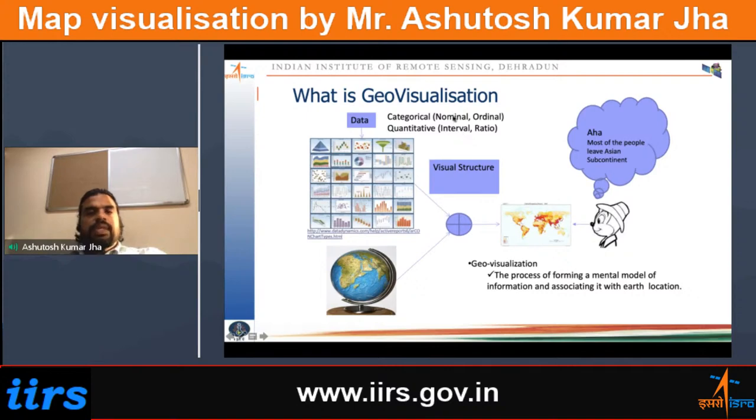In nominal cases, different attributes may just represent differences. Using nominal data sets, we can differentiate between two different features, but we cannot establish any kind of ordinality.